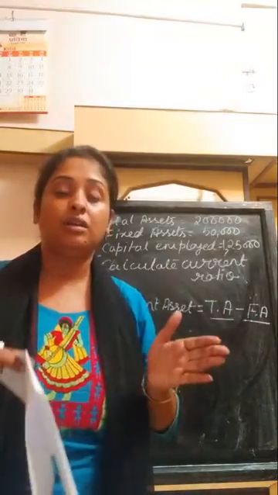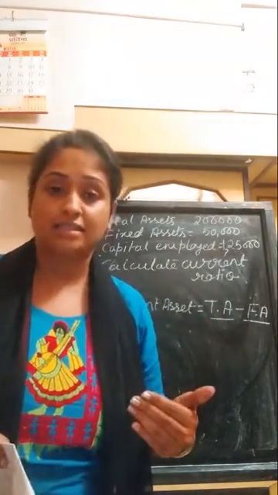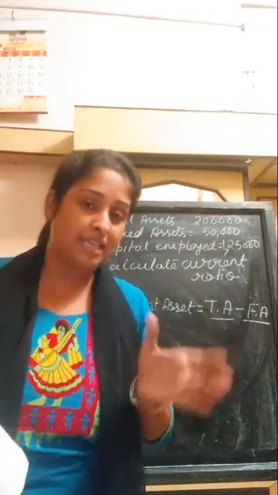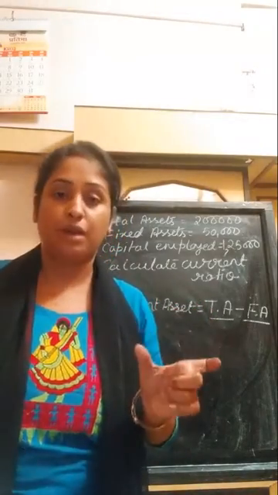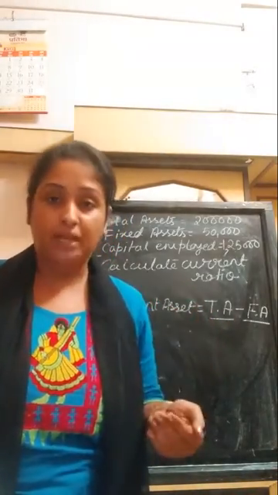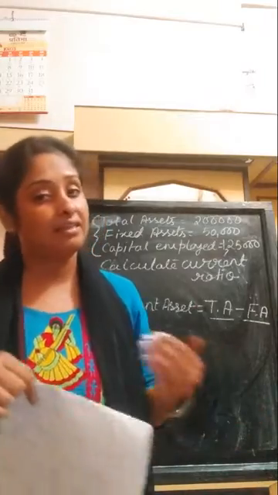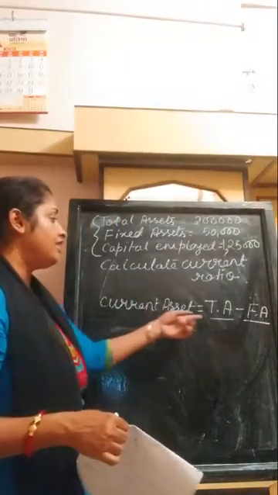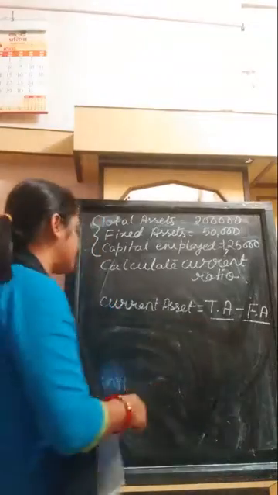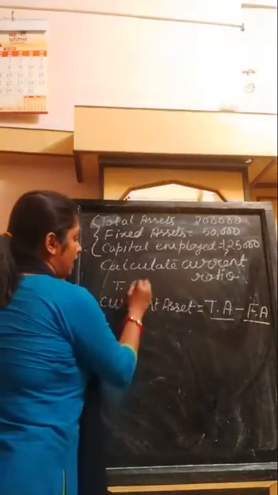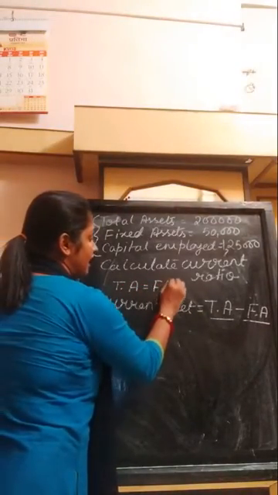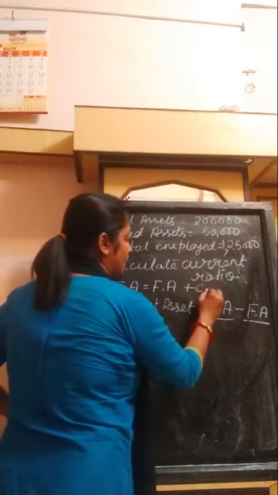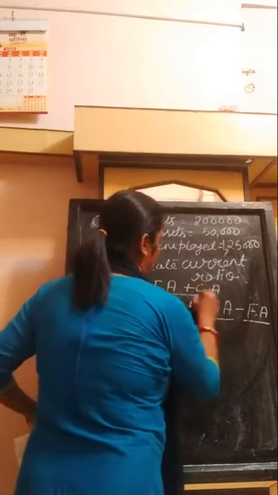The summation of fixed asset and current asset was the total asset. So total asset is nothing but fixed asset plus current asset. This we all know.